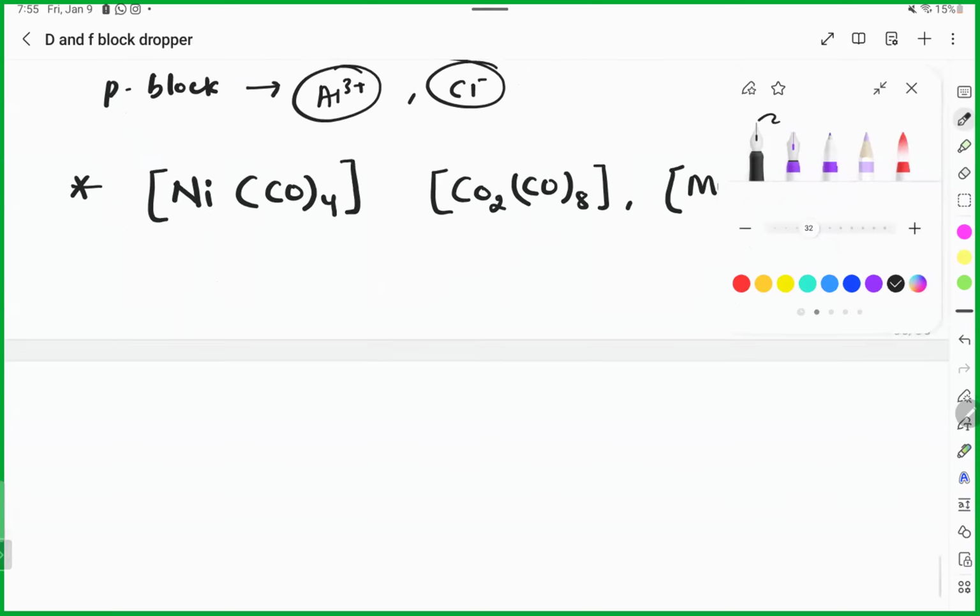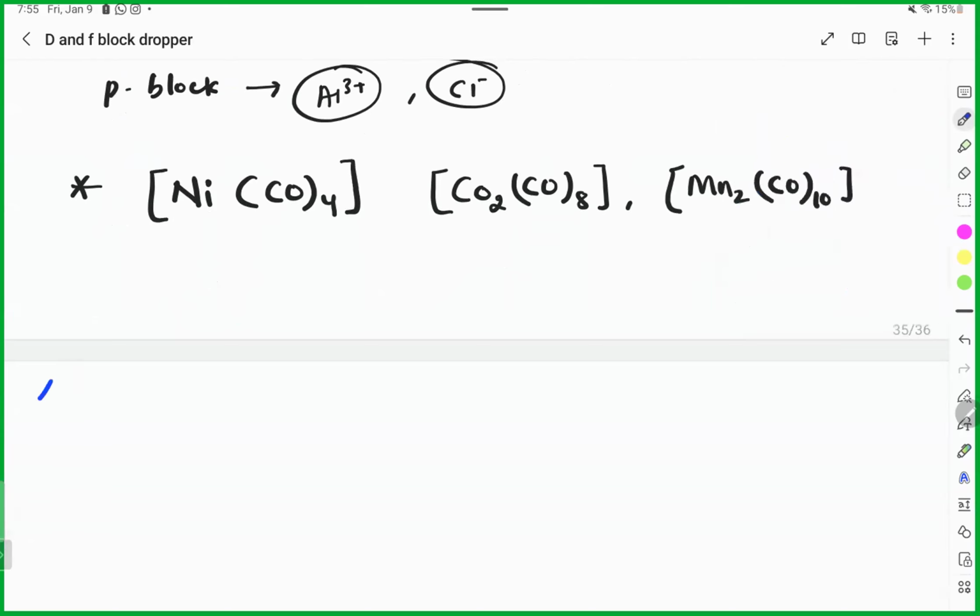Sanya, are you there? One question, sir. Yes, Jordan. So Mn2(CO)10 doesn't have a bridge ligand, no, sir? That is the only exception in this. There was a question today in the paper which was sent, sir.